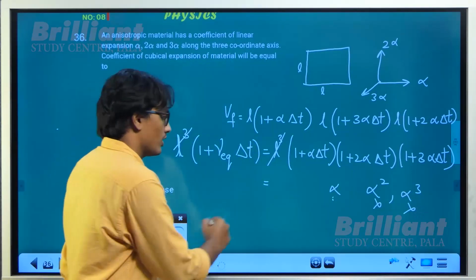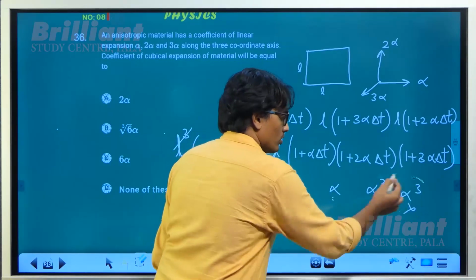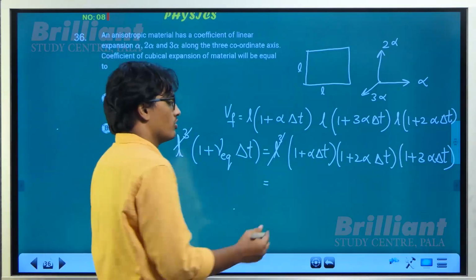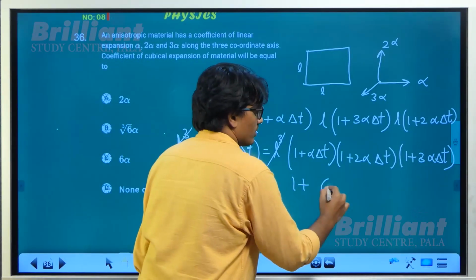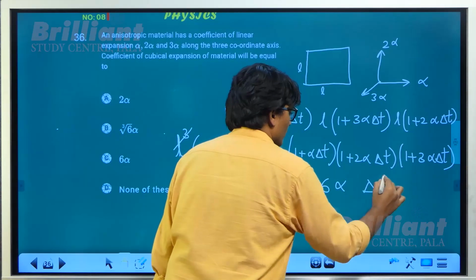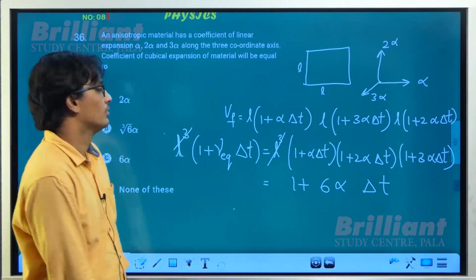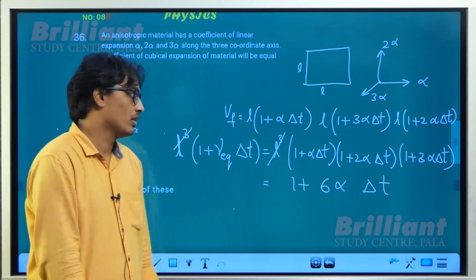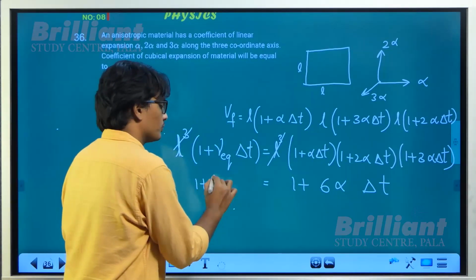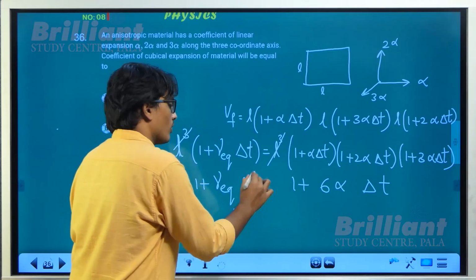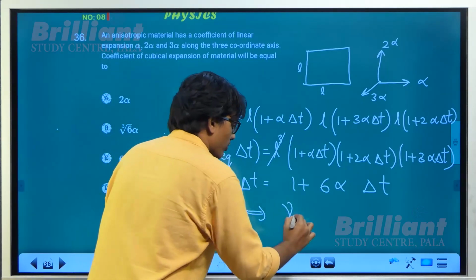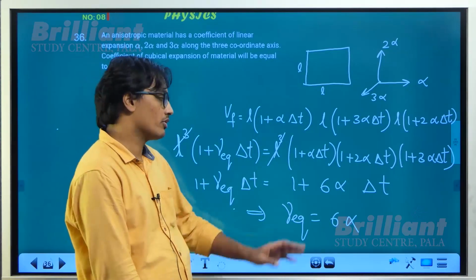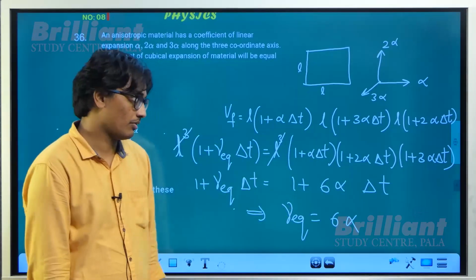So you'll be getting 1 plus 6 alpha delta T. Comparing this, you'll get gamma equivalent as 6 alpha. In all these problems, always neglect higher powers of alpha.